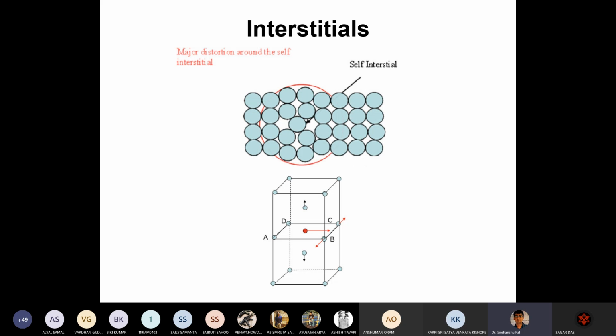Already we understand that thermal vacancy is an equilibrium defect, and you can tell that at any temperature above 0 degree Kelvin on the absolute scale, a vacancy-free material is impossible to find in reality. So it is an equilibrium defect, and it actually helps to stabilize the material by reducing the free energy. Already we understood it.